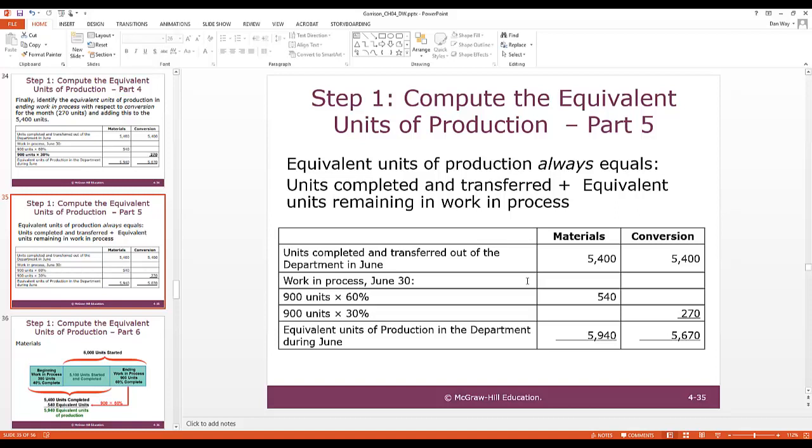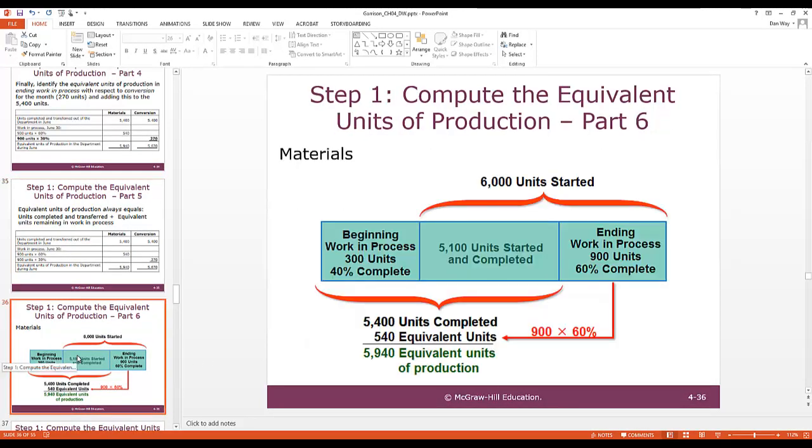And there's where we have to factor in our completion rates. So it's always the goods that were in ending work in process, number of physical goods, times that completion rate, in this case for materials and conversion separately. 60% for materials, 30% for conversion. And then we'll add those numbers up to come up with the equivalent units of production for the department as a whole during any particular month.